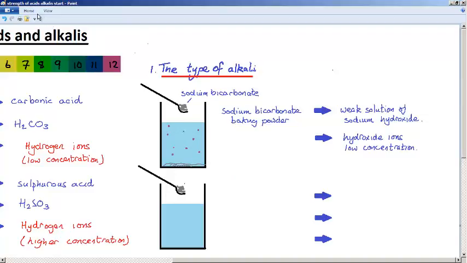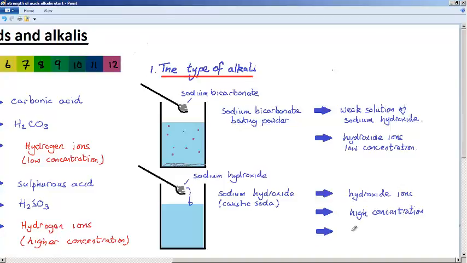Now if we take another substance such as sodium hydroxide, also known as caustic soda, and add a small measure of that to water, it will completely dissolve very easily, unlike the sodium bicarbonate. And as a result, it produces a high concentration of hydroxide ions. We can represent the formation of these ions using an equation.